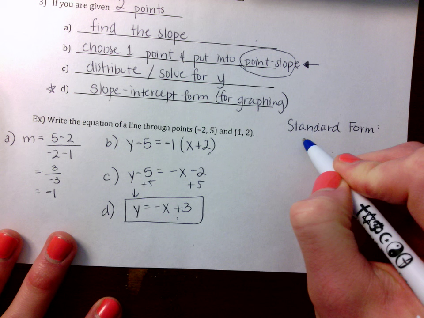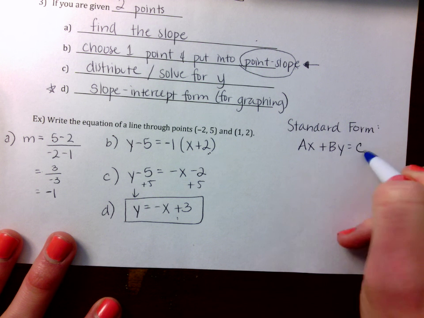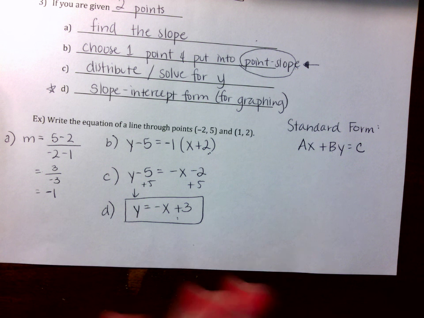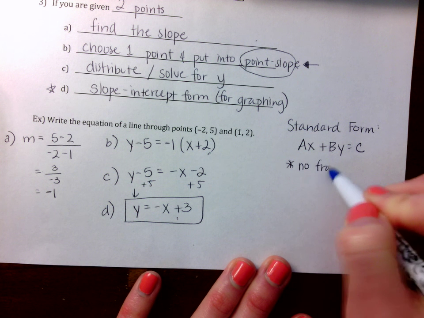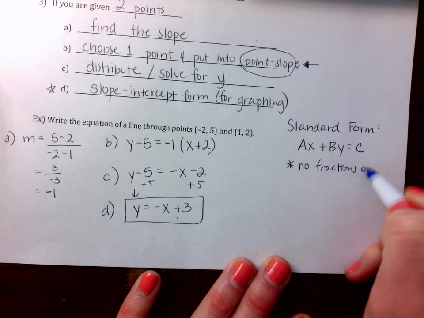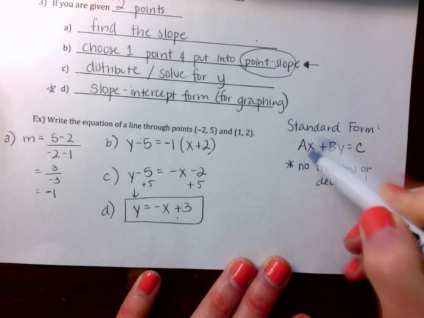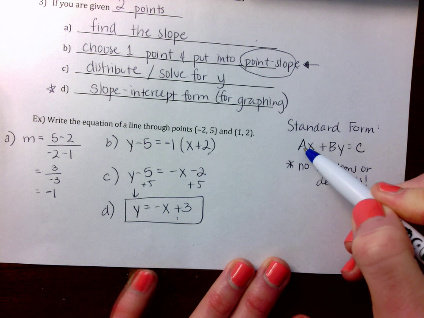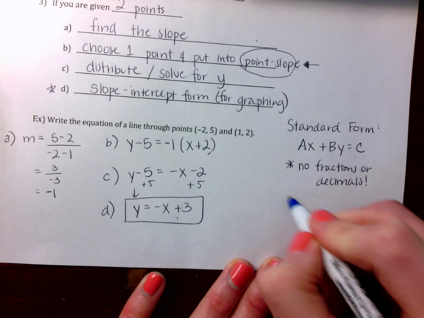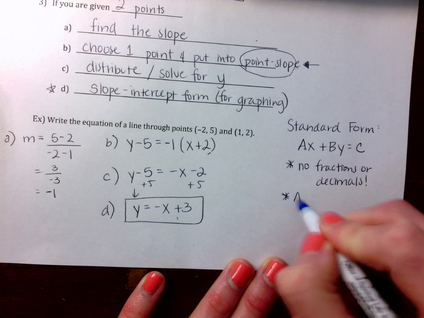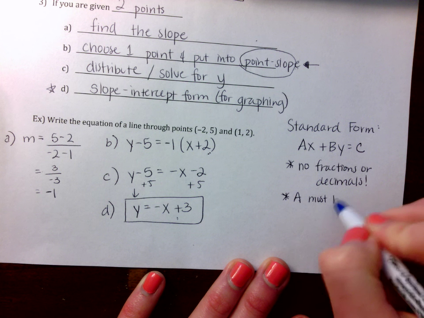The basic equation is Ax plus By equals C, and we use capital letters for a reason, because there are no fractions or decimals, and that is why we have capital letters. In math, capital letters indicate whole numbers. And then also A, the coefficient in front of x, must be positive.